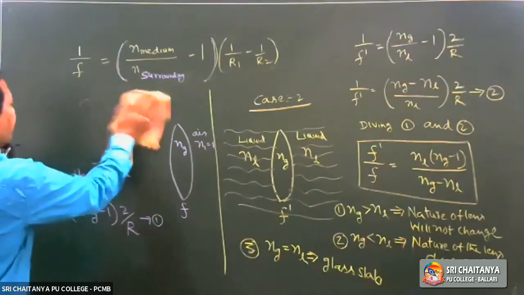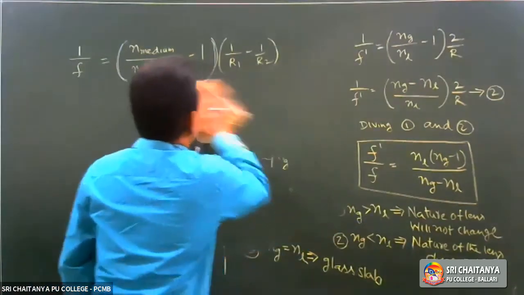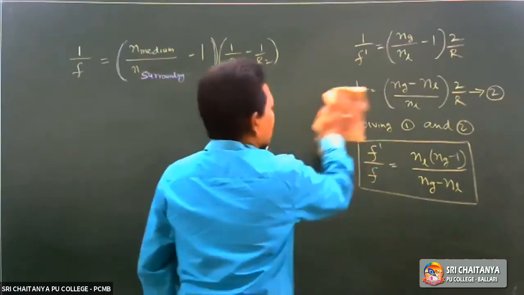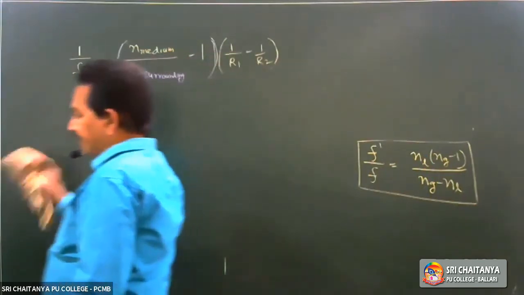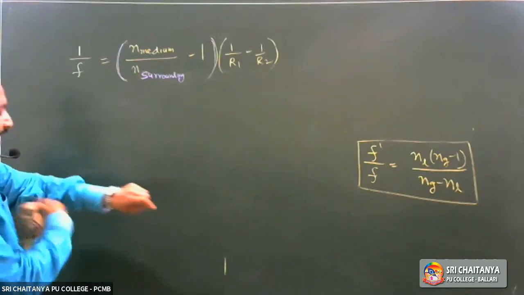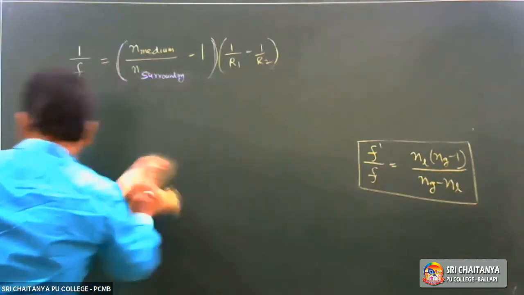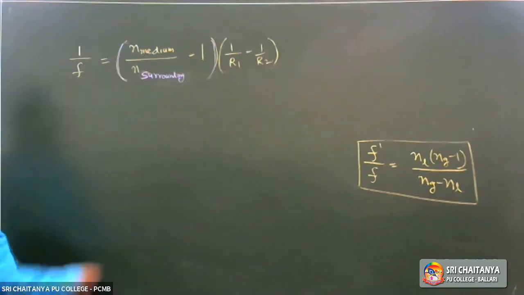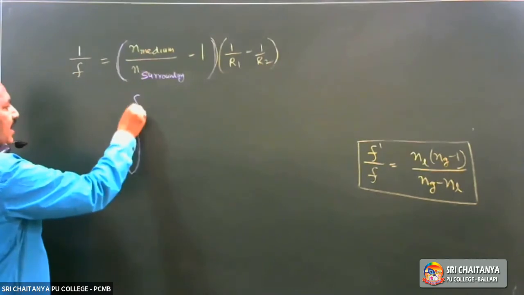Now take the special case. What is that one? The liquid is water. The lens is dipped inside the water. Initially, the focal length is here.